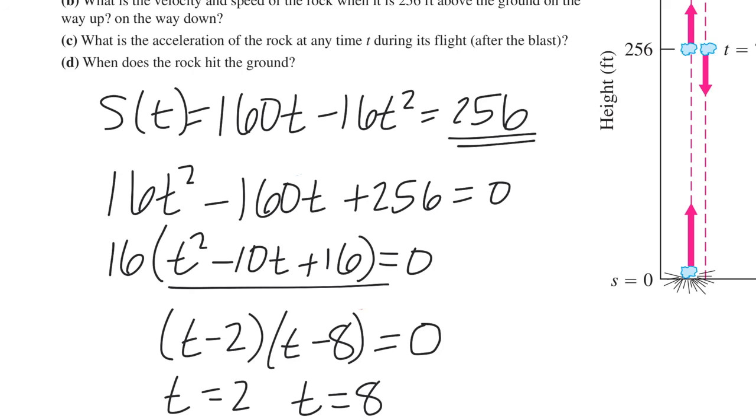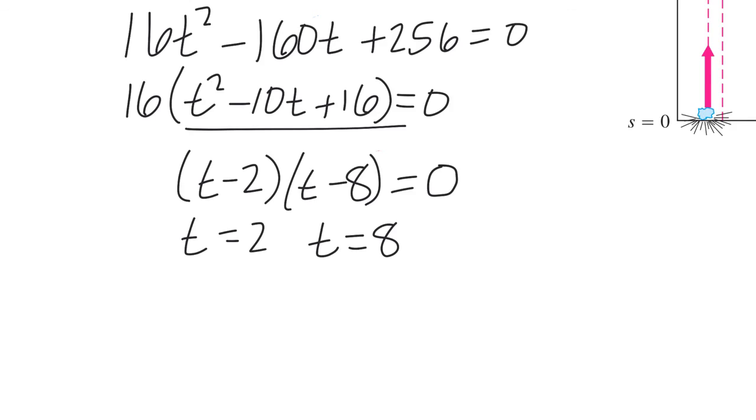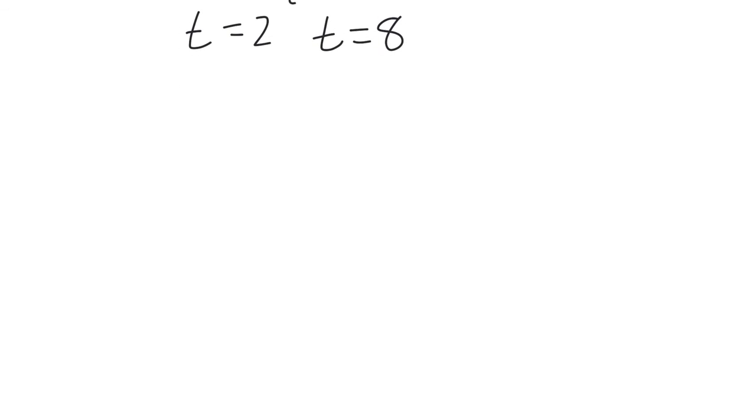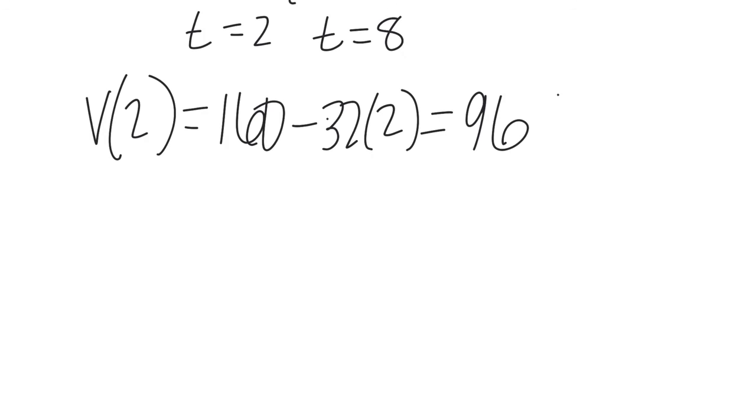So to find the velocity of the rock at each of these times, we already did our math and found the formula for velocity. So we can just plug t equals 2 and t equals 8 into that. Velocity at time 2 is going to be 160 minus 32 times 2, which is 96 feet per second.